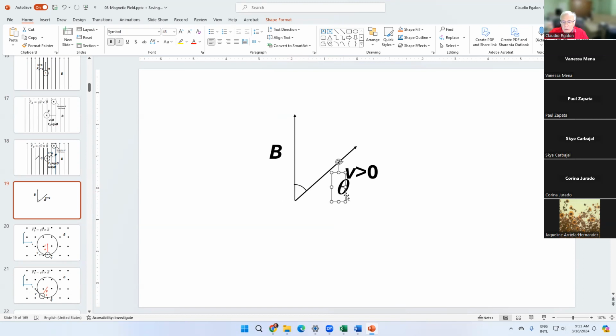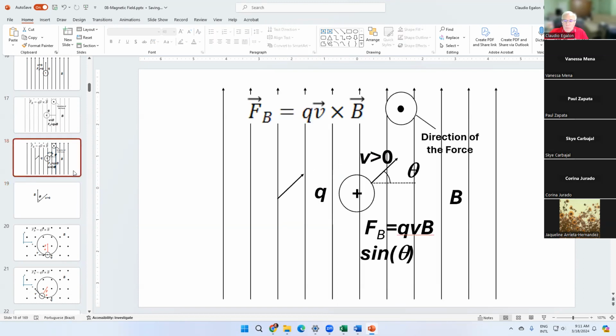I have to fix that in my drawing. I'm going to extend it, and now I can get the angle theta in the right way.